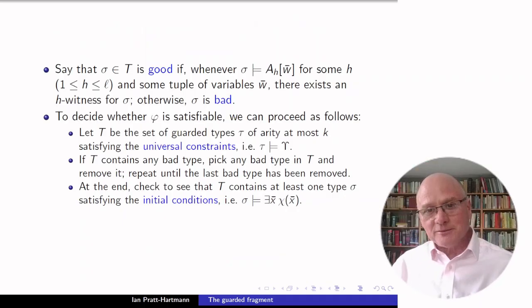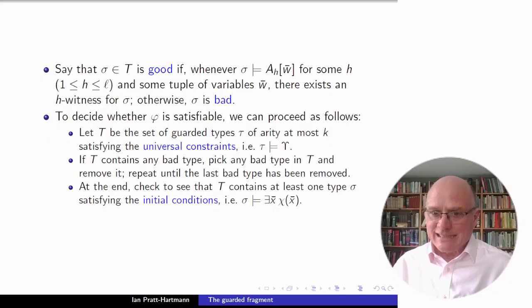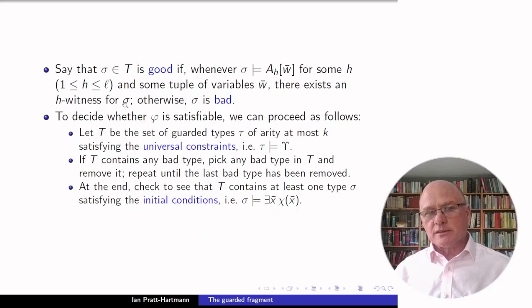Okay, now we're starting to get towards the algorithm. Say that a type sigma in our set of types T is good if, whenever we have some tuple satisfying the guard of a witness requirement, so AH is the atomic formula which is the guard of the hth witness requirement, then there exists an H witness for that tuple in the set T. So there is an H witness for the tuple W in sigma somewhere in the set T. Otherwise, we'll say that sigma is bad.